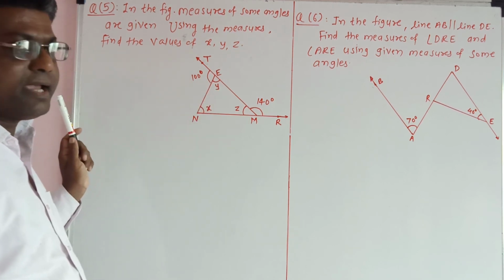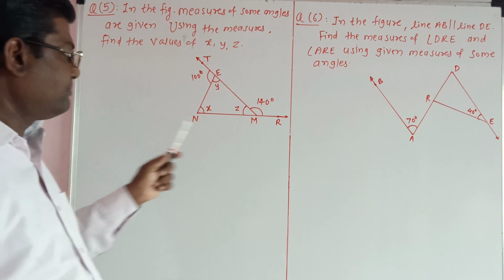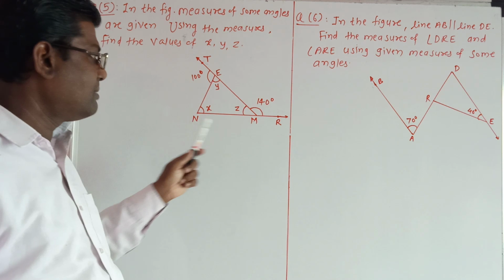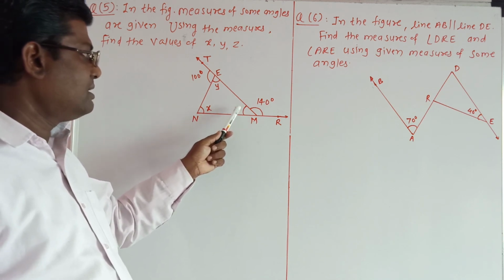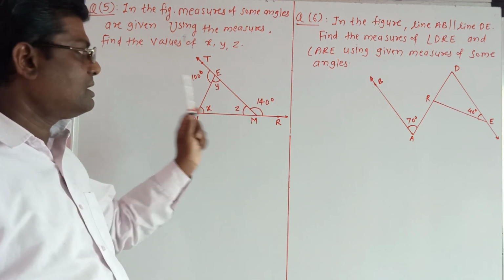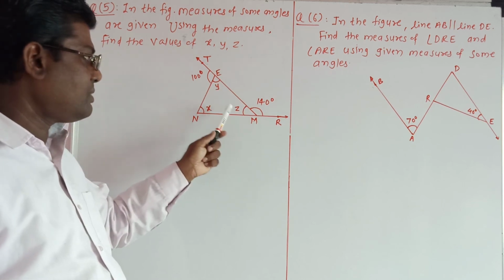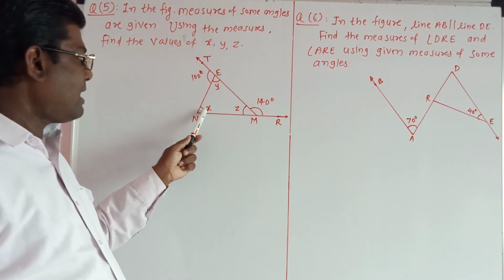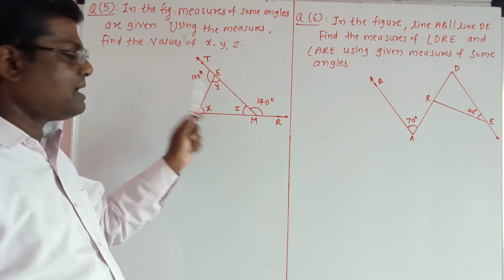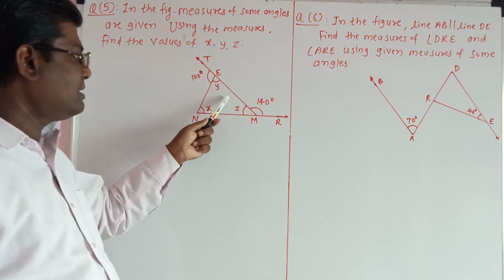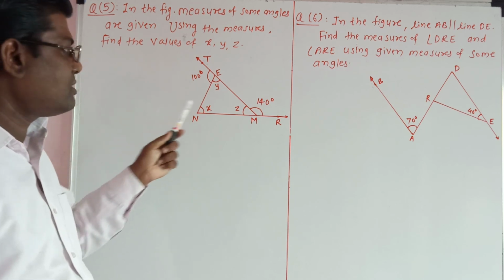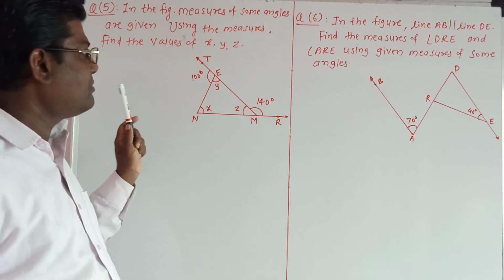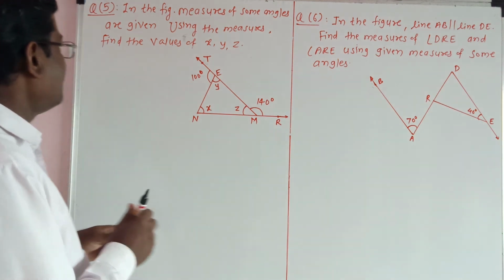From this, we can find the value of y. Now, these two angles are also angles in linear pair. Therefore, z plus 140 degree is equal to 180 degree. From this, we can find angle z. Now, angle x plus angle y plus angle z is equal to 180 degree.